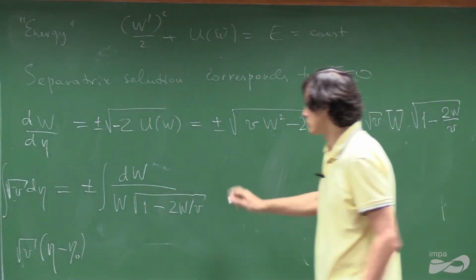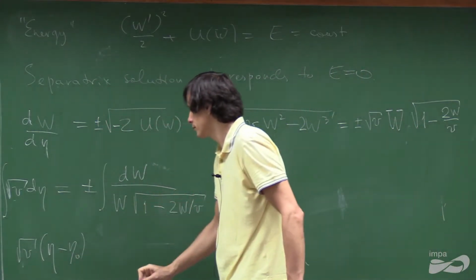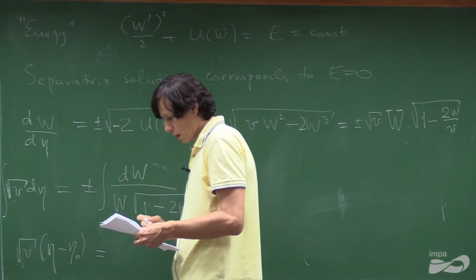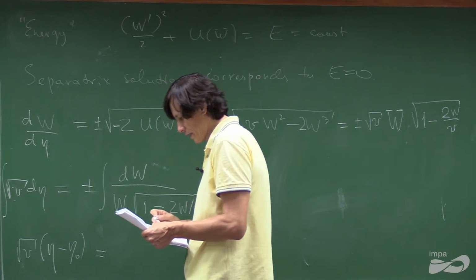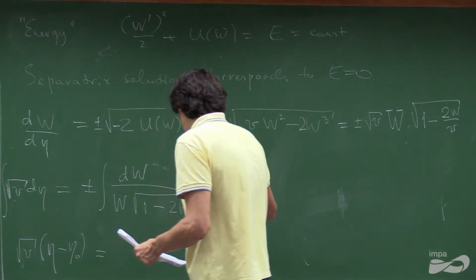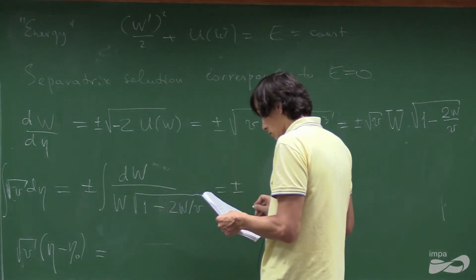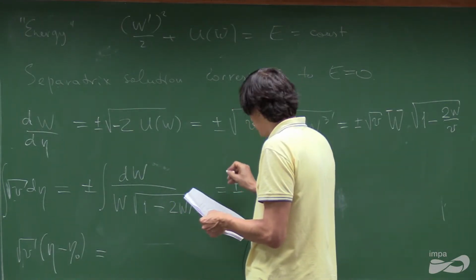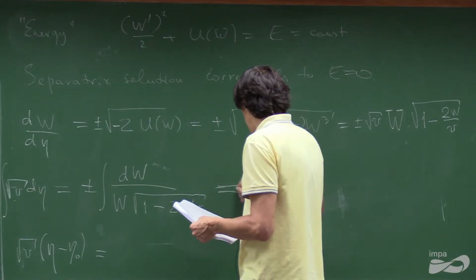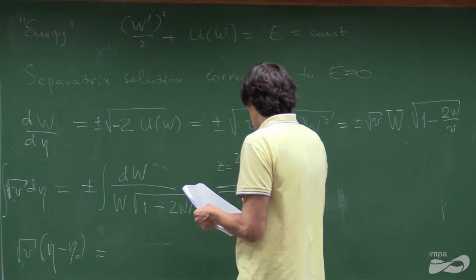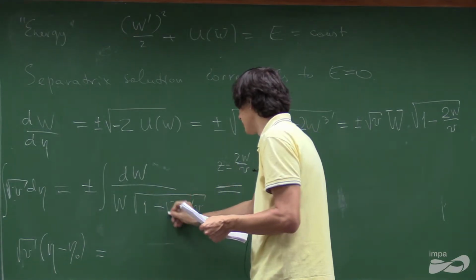So I can just put both integration constants in here, and then it is equal to, and how do you integrate the left hand side? In order to integrate this, what you can do, you take a new variable, which is z equal to W over v. So you call this z.